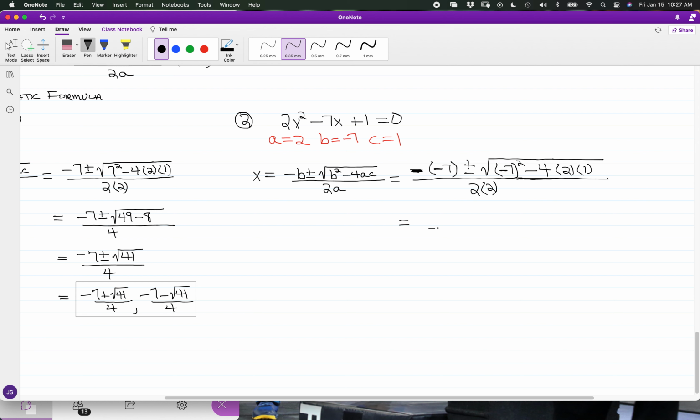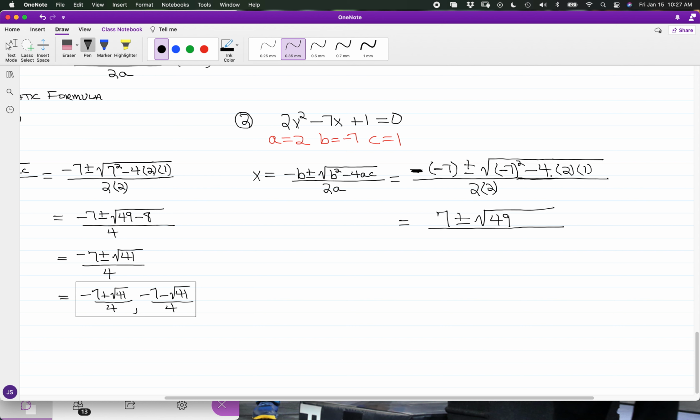Now again, compared to the earlier example, the only change really is with b at negative 7 as opposed to positive 7. So for negative b, we have the opposite sign of negative 7, so this would be a positive 7. And the square of negative 7, or negative 7 times itself, we still have at 49.